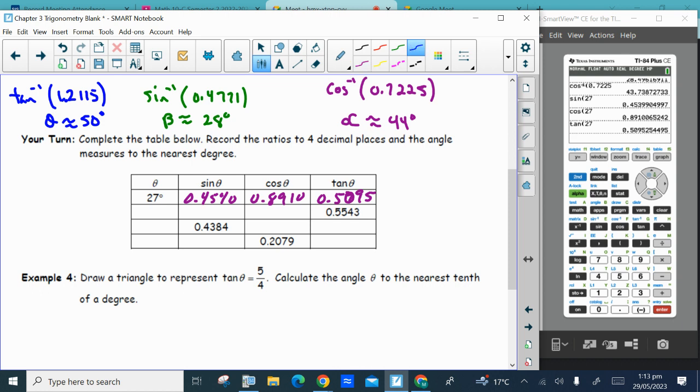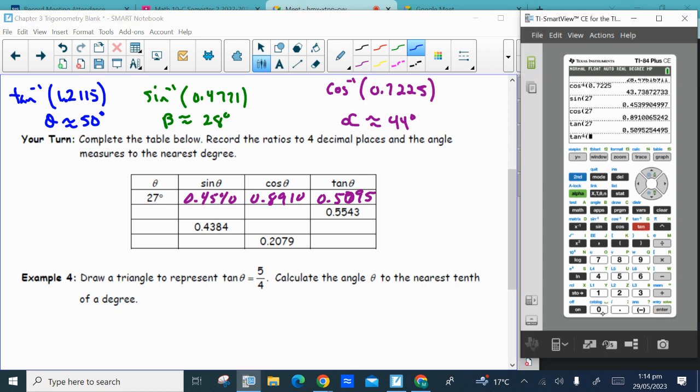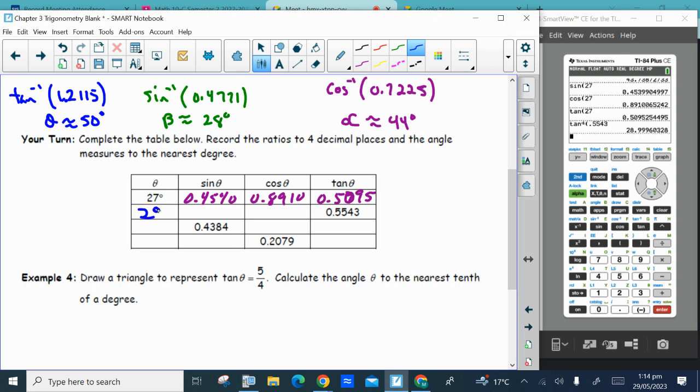Now for the next row, we're given what the tan of theta is. The tan of theta is 0.5543. To find out what angle theta is, then we must go second function tan of 0.5543. And to the nearest degree, theta would be 29 degrees. And so now that we have theta, we can find the sine and cosine.